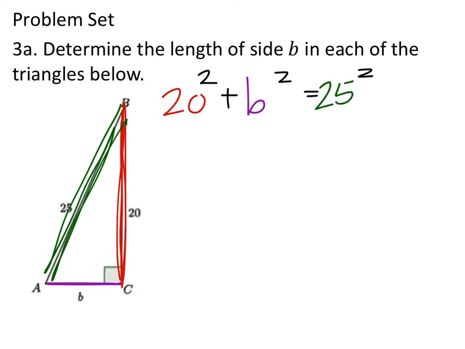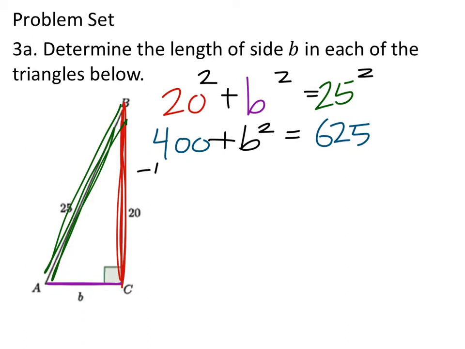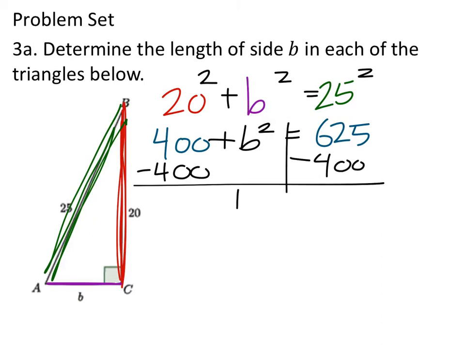So I need to solve for that missing leg value. 20 squared is 400, and 25 squared is 625. So I'm going to add that to B squared, and that'll equal 625. So to figure out B squared, I'm going to have to subtract 400 from both sides. Then I get B squared equals 225.